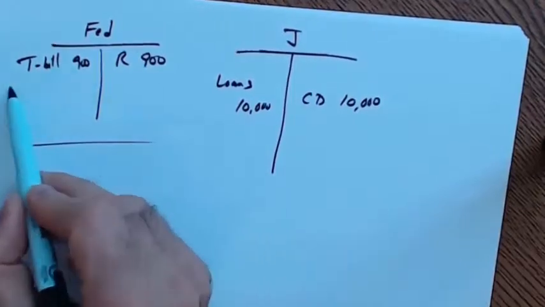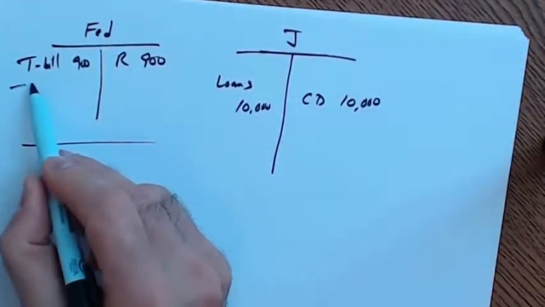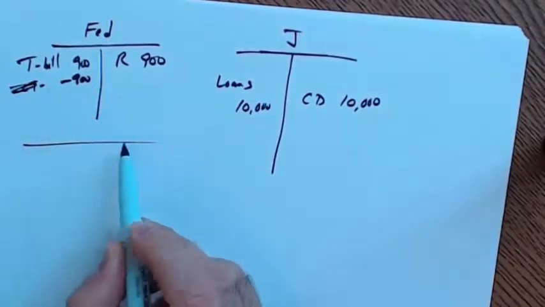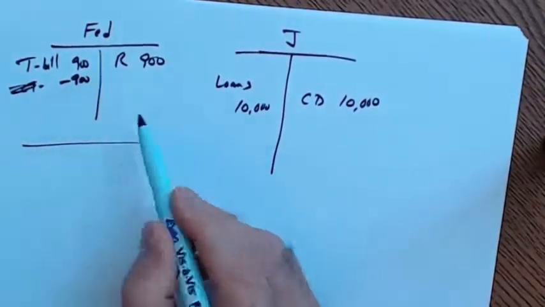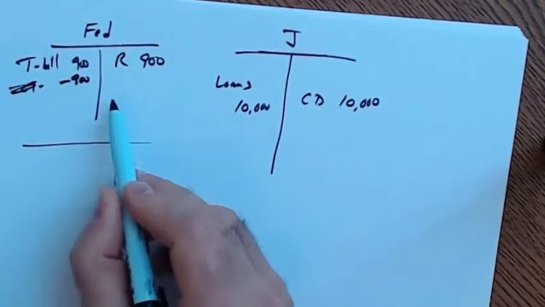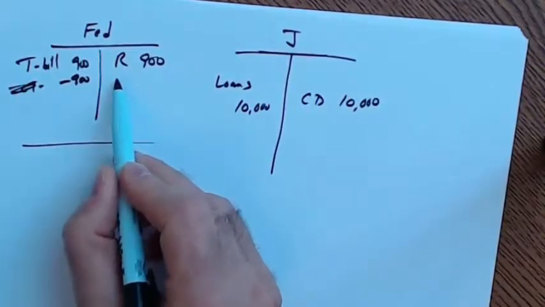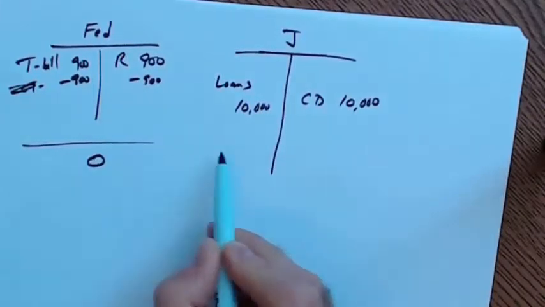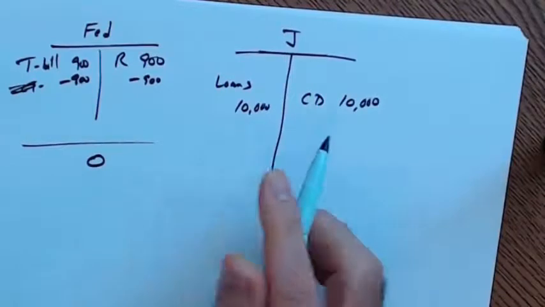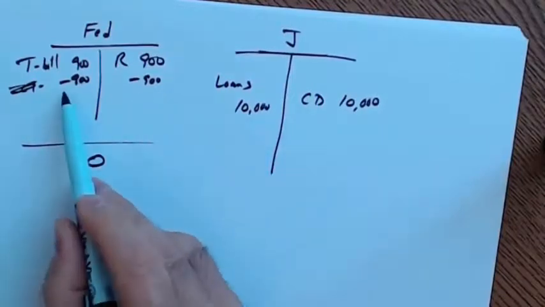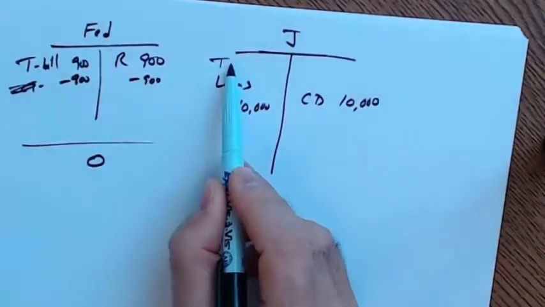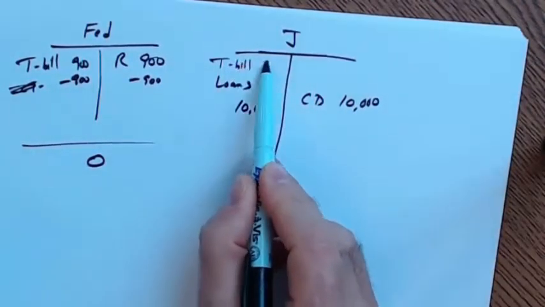Okay, so it's going to give up this treasury bill, just put 900, T-bill drops off. And so reserves are going to dry up by 900, and so you're going to have a zero change in the Fed. Okay, and it's going to sell that treasury bill to, say, Bank J. So Bank J is going to get a treasury bill on its books for 900.